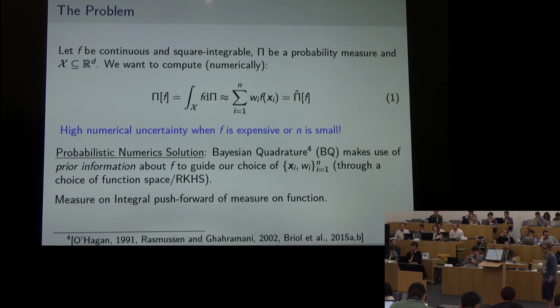But the construction here is fairly straightforward. We put a prior measure on the function, so on the integrand, and because the integration with respect to this measure, whatever the measure happens to be, is linear, we can just push forward the prior measure on the function to a measure on the value of the integral.